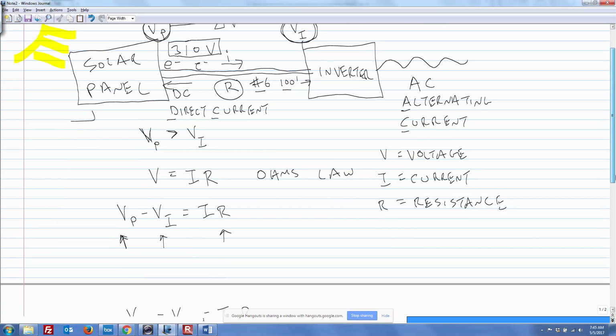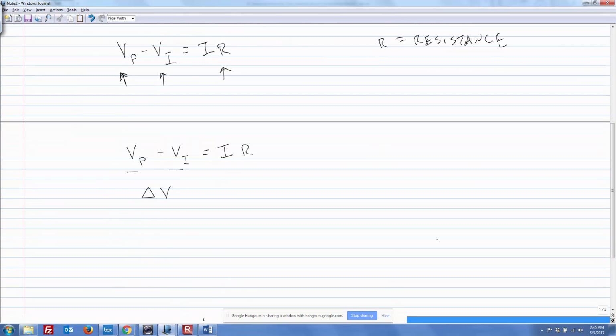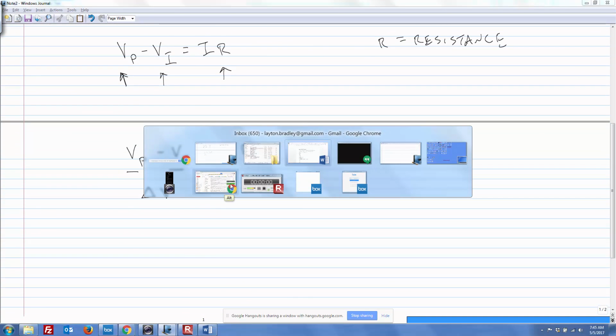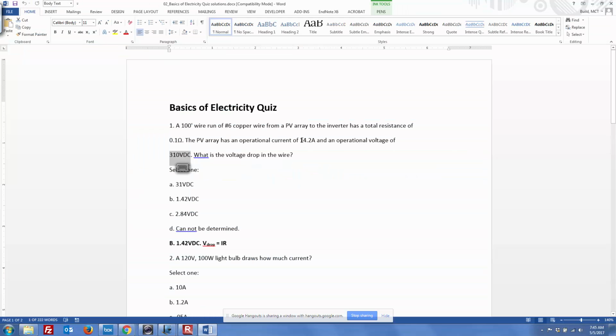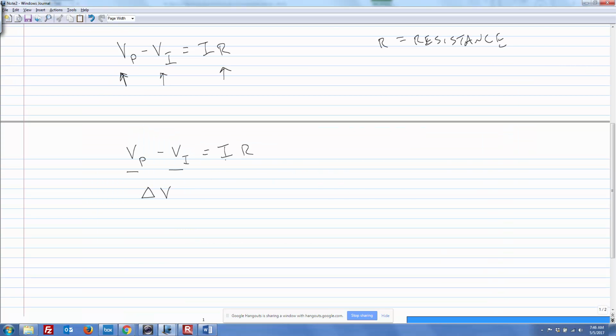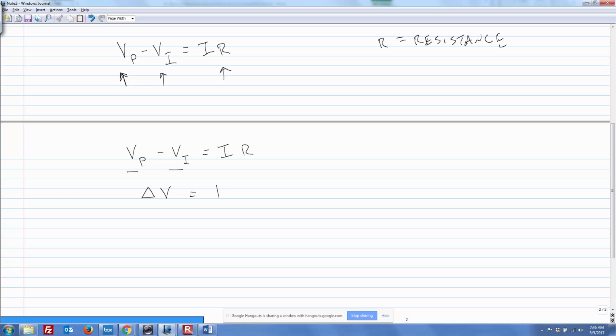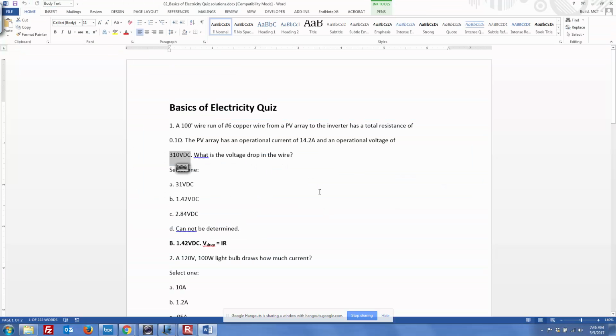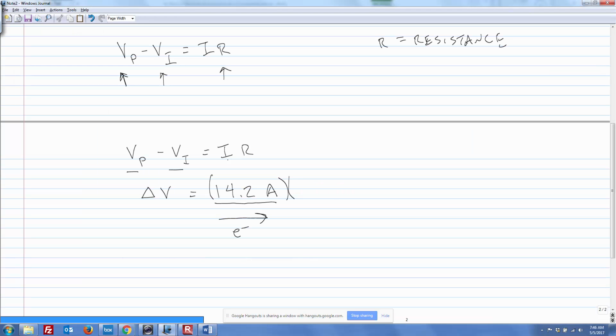Okay. So in this case, in the problem, we're given 14.2 amps. That's the current. That's the current flowing through the wire. That's how many electrons. And then the resistance, it says 0.1 ohms.